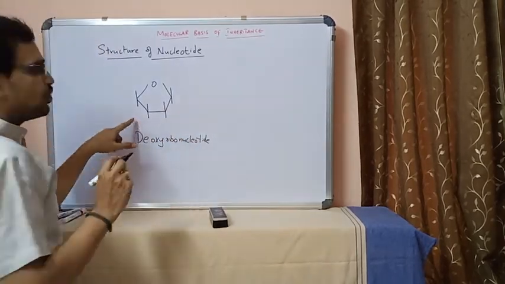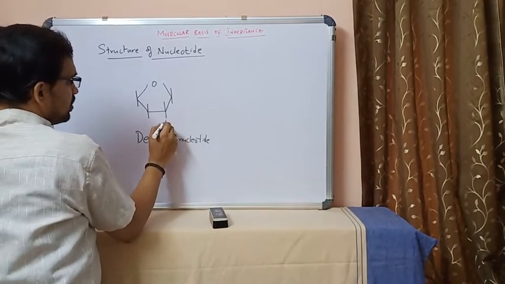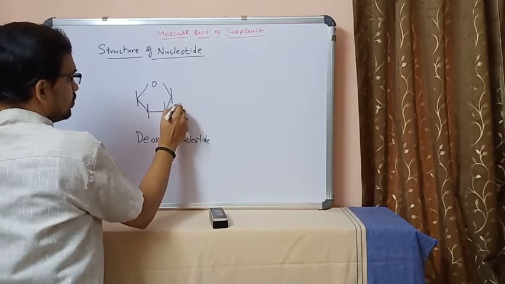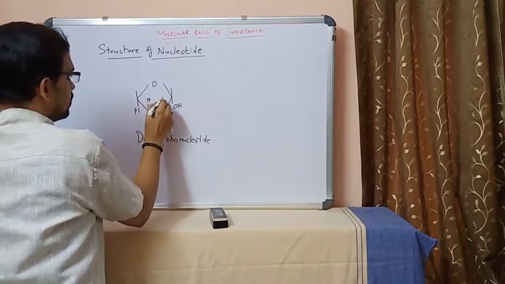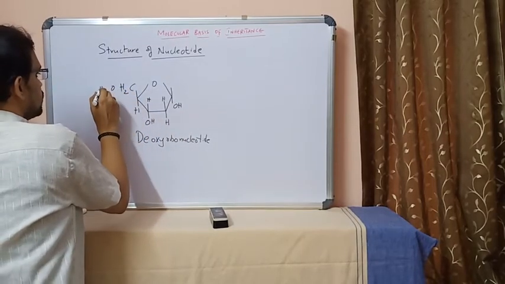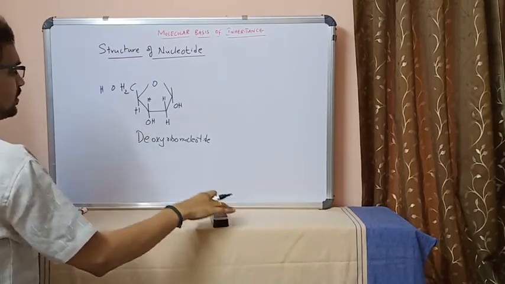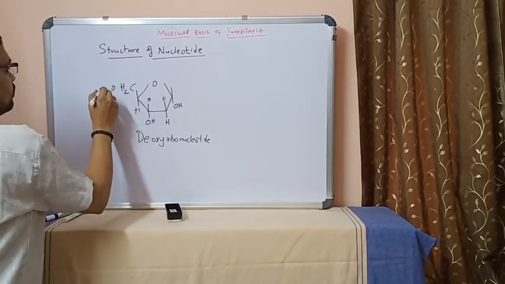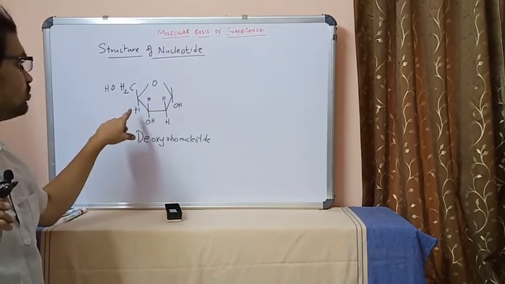Deoxyribonucleotide means definitely no oxygen at the second position, only H. Here CH2OH. So this is the structure of deoxyribose sugar.